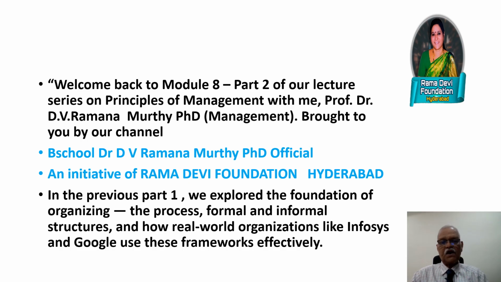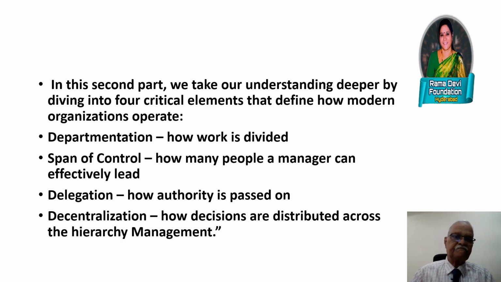In the previous Part 1, we explored the foundation of organizing, the process, formal and informal structures, and how real-world organizations like Infosys and Google use these frameworks effectively. In this second part, we take our understanding deeper by diving into 4 critical elements that define how modern organizations operate.